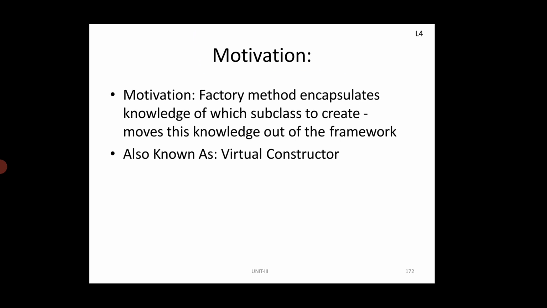Look at this, the main motivation of the factory method is to encapsulate the knowledge of which subclass to create. It moves that knowledge out of the framework. As I said, it is also known as a virtual constructor.